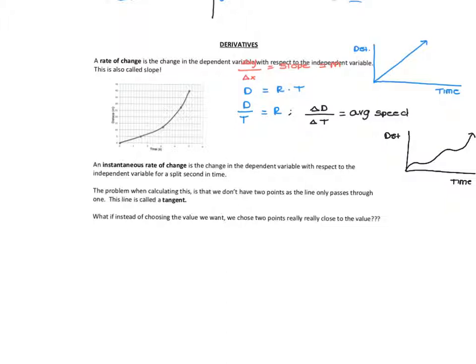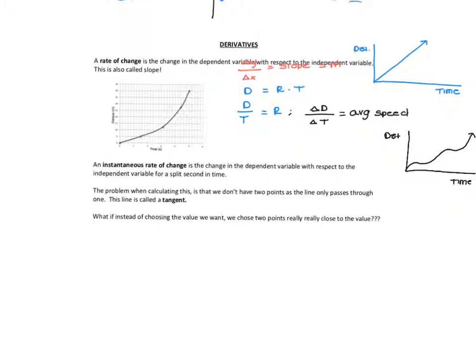Do you know? Exactly. We need to find a way to find the speed at that exact time. If we can do that, we can find the speed at any time on a curve, right? Because the speed is constantly changing. So is there a way for me mathematically to find the speed at a particular instant? And there is, and that's called a derivative.